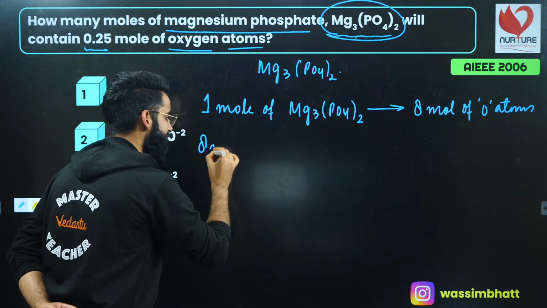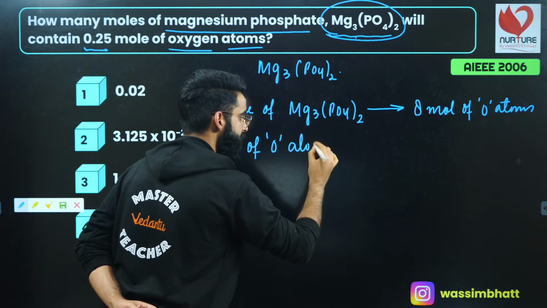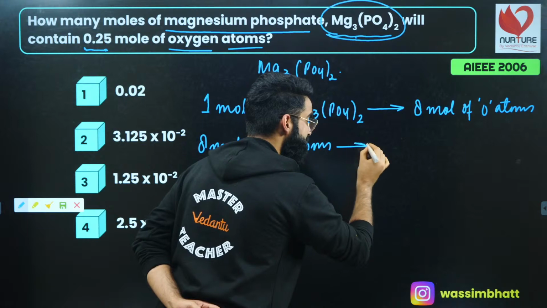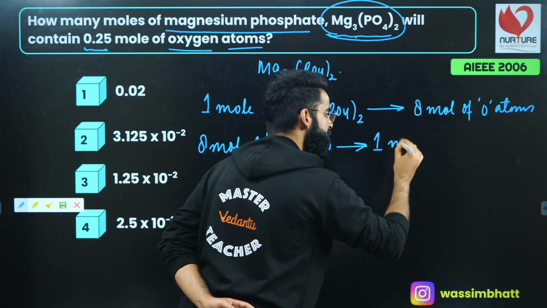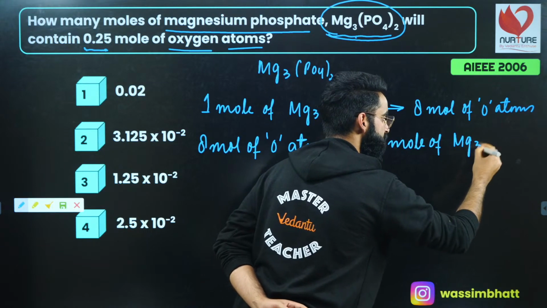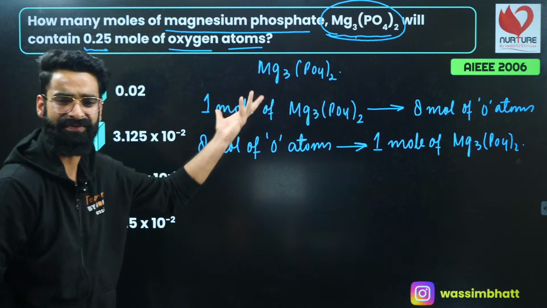I can say 8 moles of oxygen atoms are present in 1 mole of magnesium phosphate, Mg3(PO4)2. I just reversed the first statement.